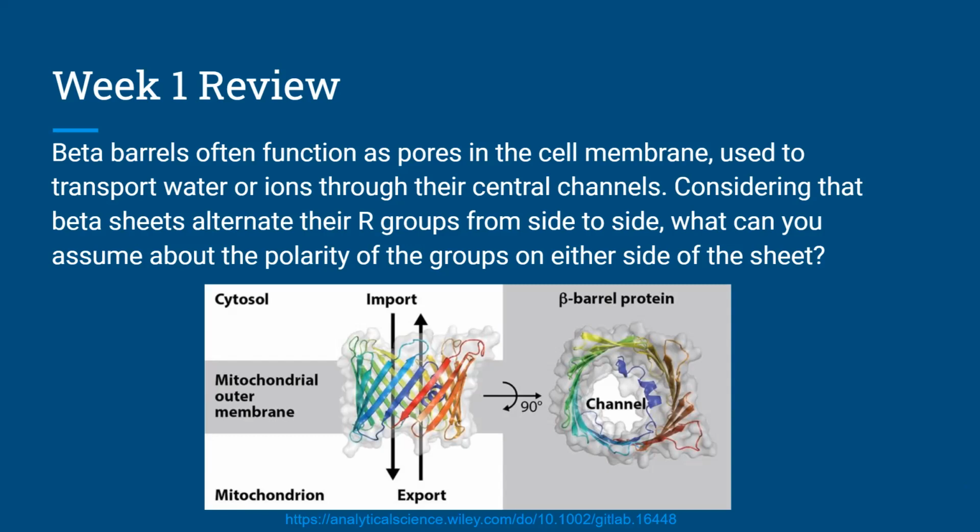So I was going to have you guys kind of talk amongst yourselves, but you don't have to do that if you don't want to. You can just think on this. So we talked a little bit in class about beta barrels, and essentially they're just pore structures, cylindrical structures made of beta sheets.